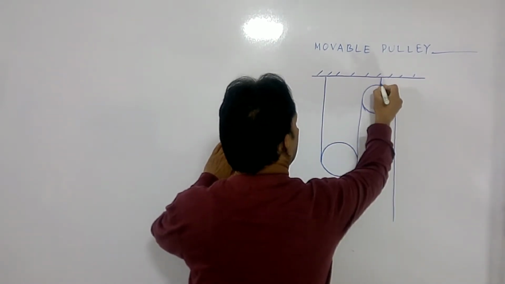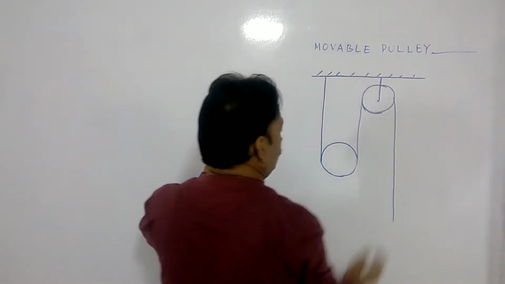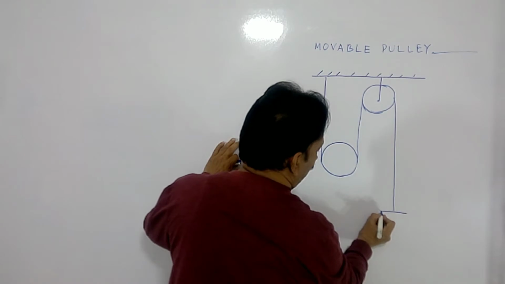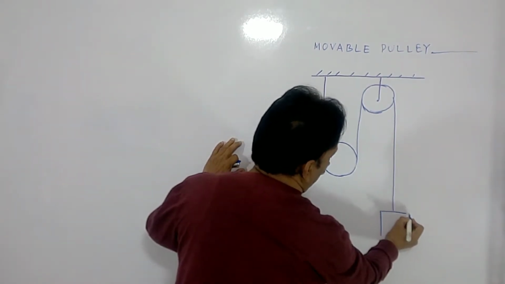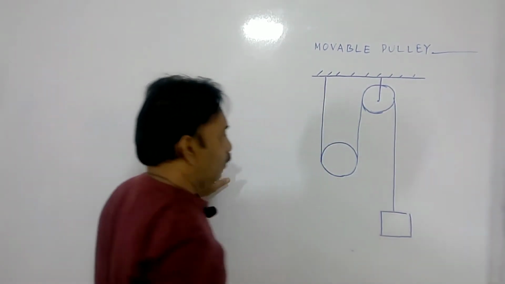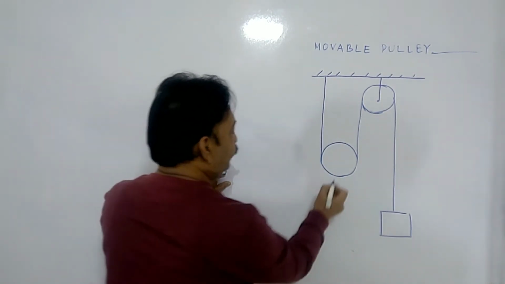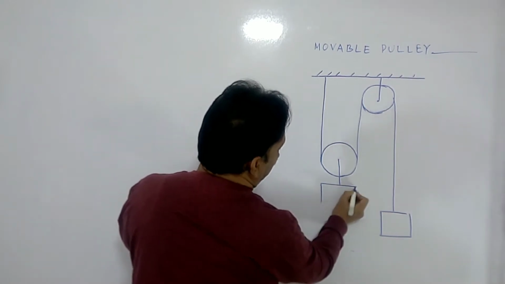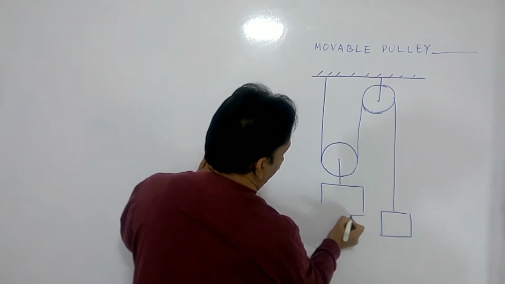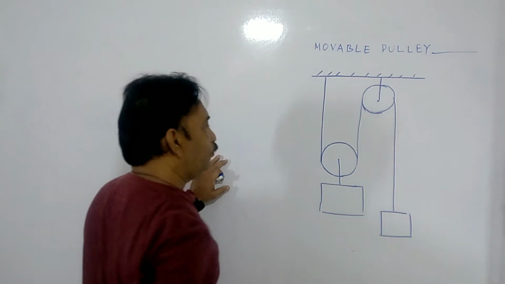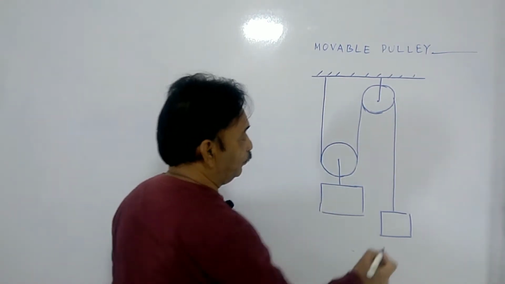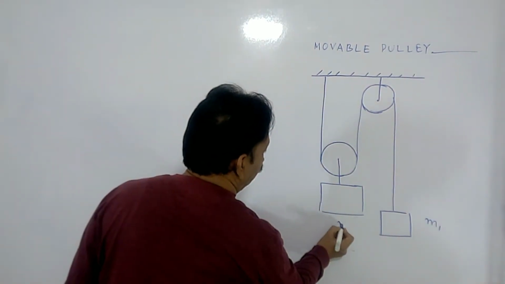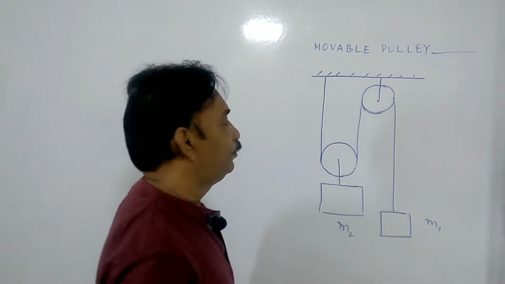It is fixed here. And we suspended a mass and attached another mass here. Let's say it is mass m1 and it is mass m2.